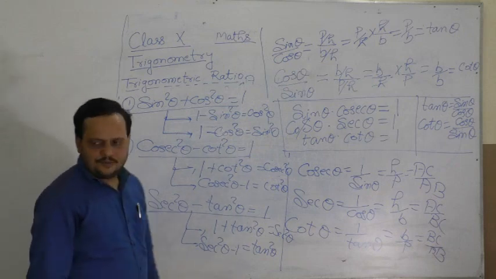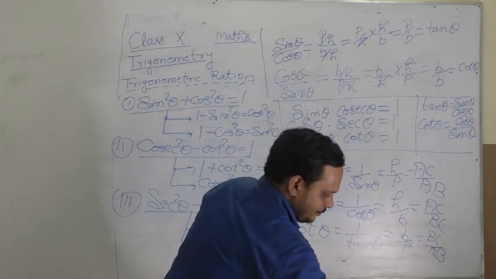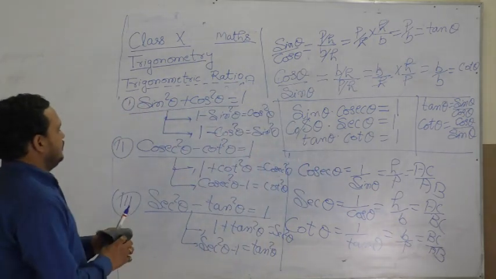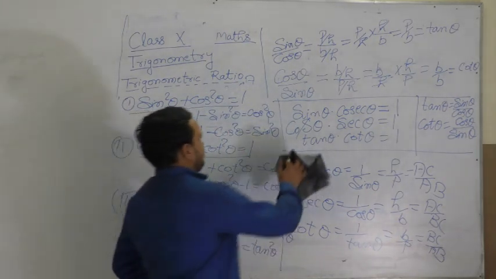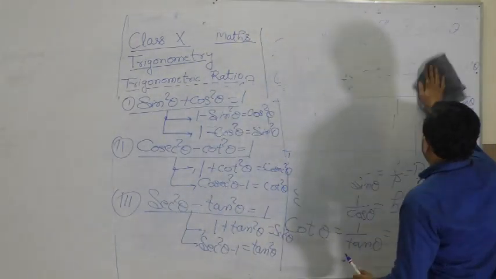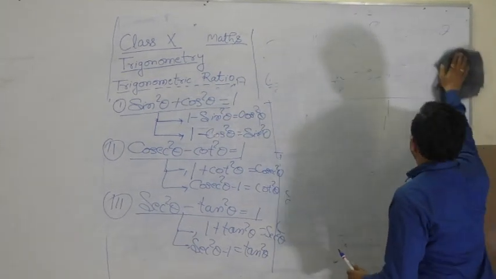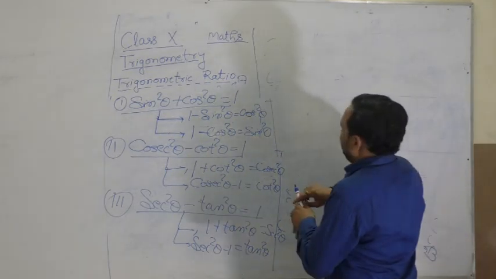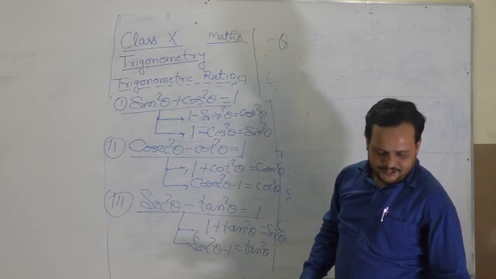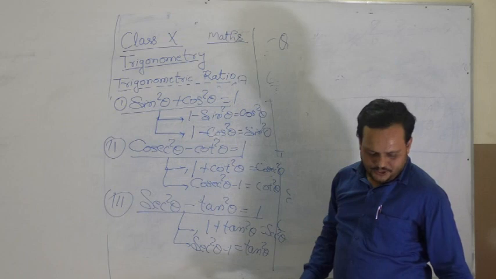I will give only one example regarding this. Only one question, and you can easily understand how these trigonometric ratios are correlated to each other.